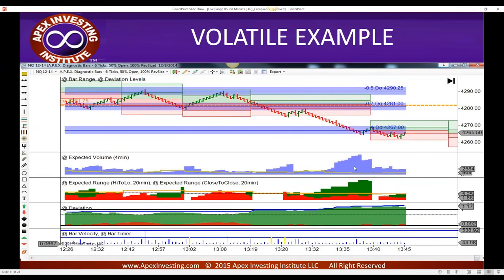Right here where it's really blowing through, we see it blowing through that expected range of movement, right? So we talked about that last week, how to identify market conditions, how to identify a volatile market. And one of the ways we do it is: where is the market going compared to its expected move, and what is volume doing? Okay? In a nutshell, everybody understand that?